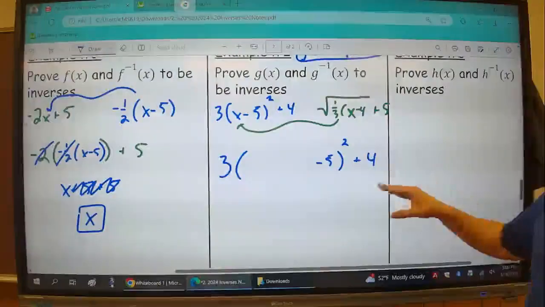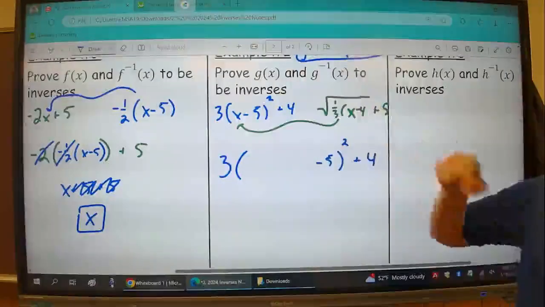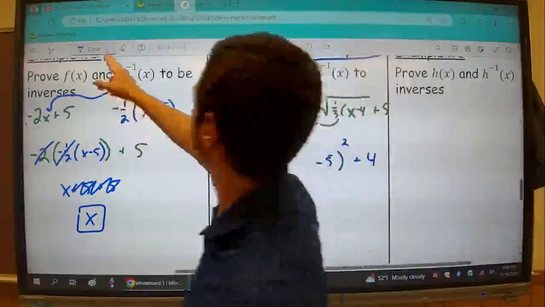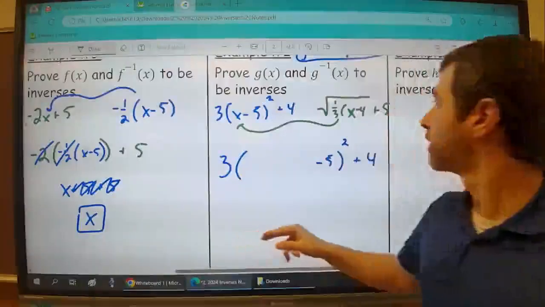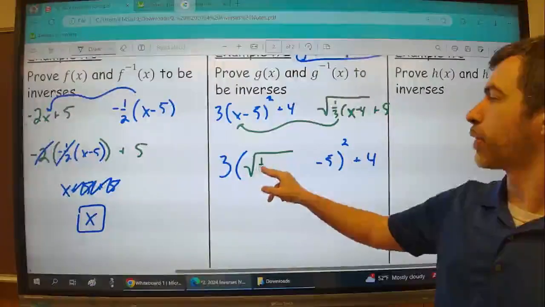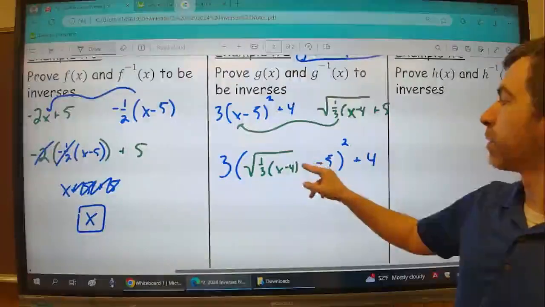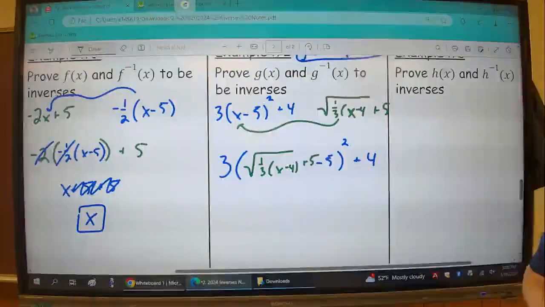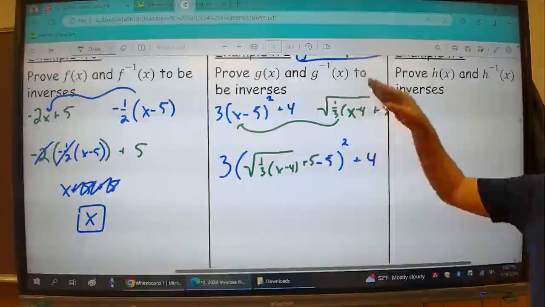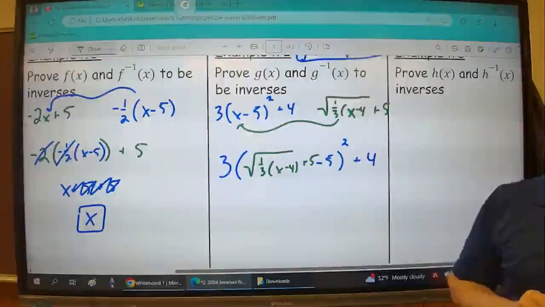There's my original function, but the x is not just x anymore. The x is all of this green. The x is the square root of 1/3 times x minus 4 plus 5. So I took the original and put this green function in x's place.